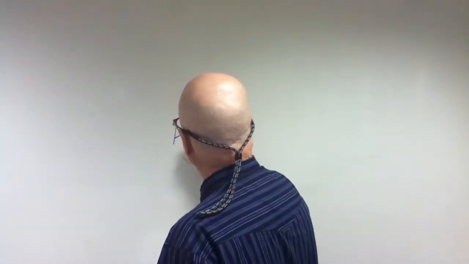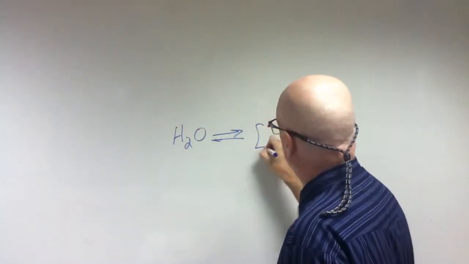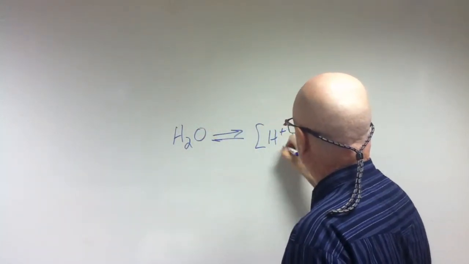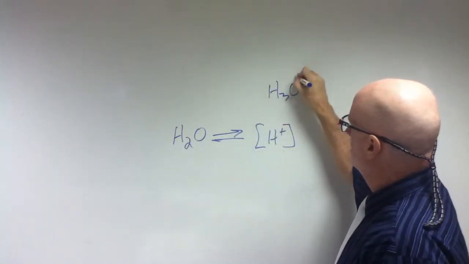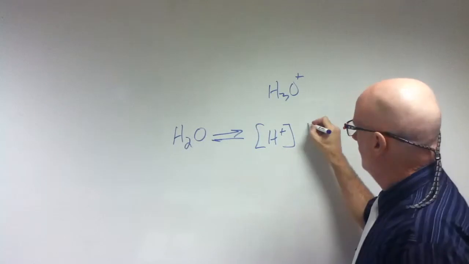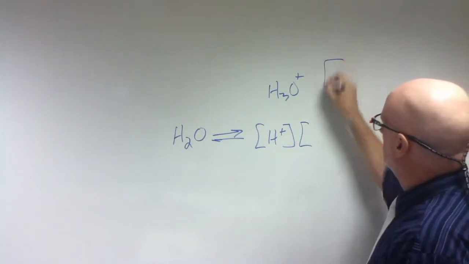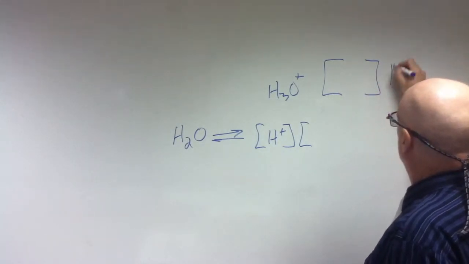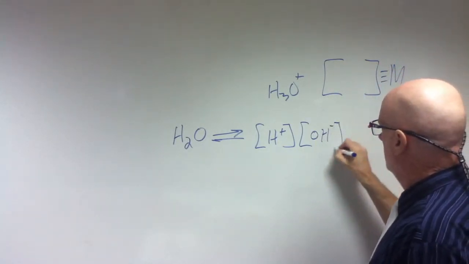If I take water and I produce H+, it's really hydronium, but it's just easier to write. Molar concentration, brackets, of H+ and the hydroxide ion.